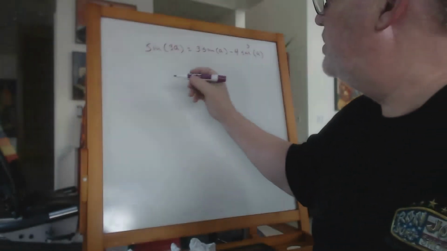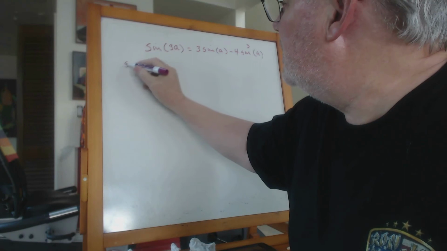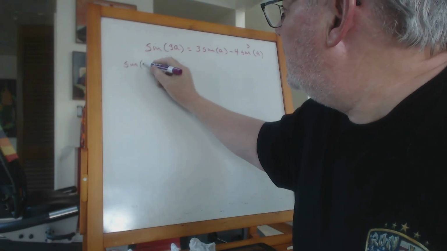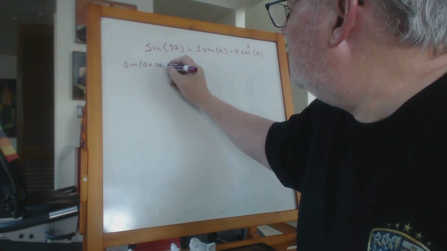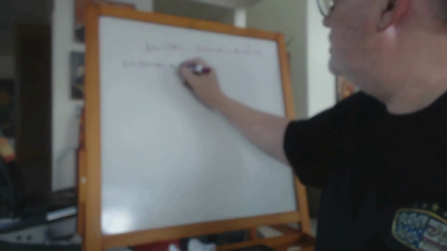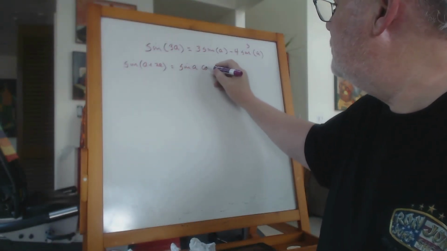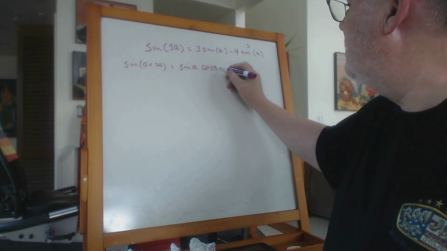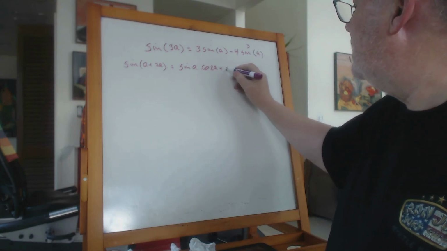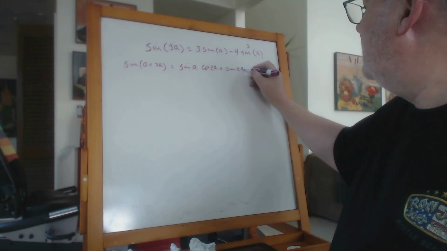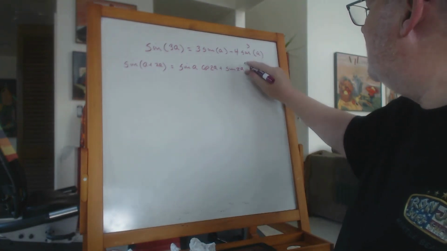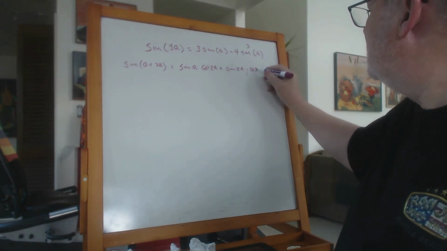We do the double angle formula. So we got sine of A plus 2A. That's equal to sine A cosine 2A plus sine 2A times cos A.